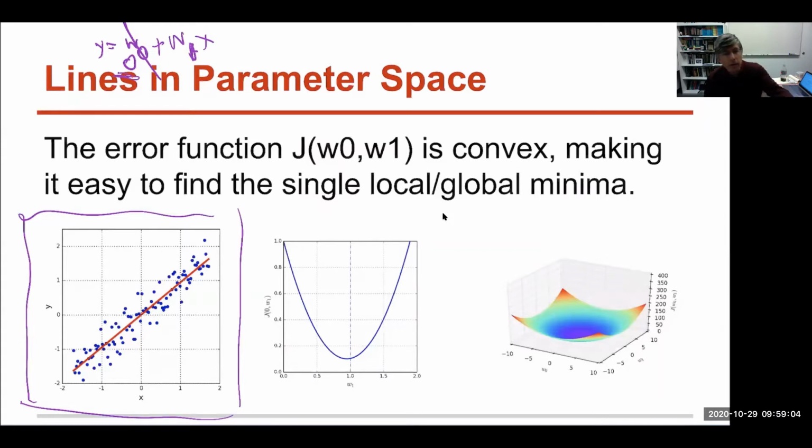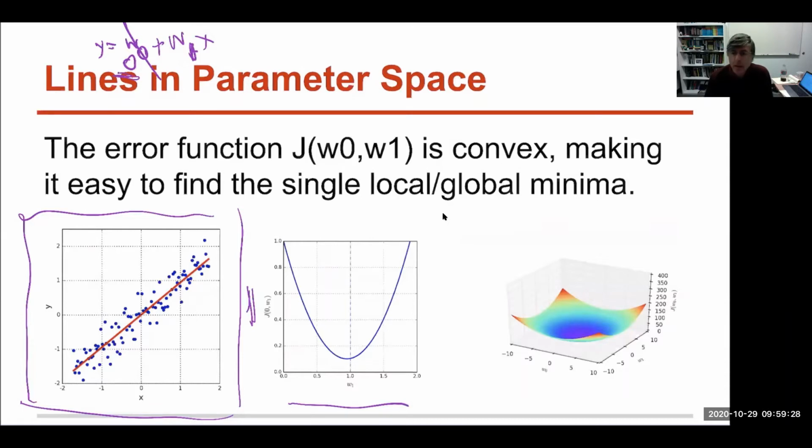Once we fix the intercept, the only parameter of our regression line is the slope. This is a plot of the error for this point set as a function of the slope.